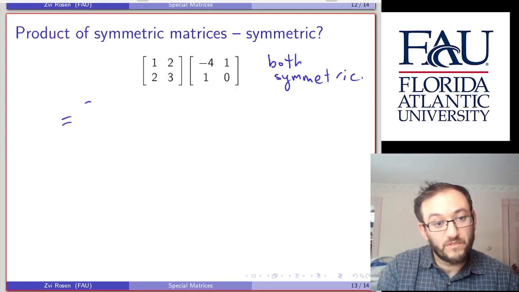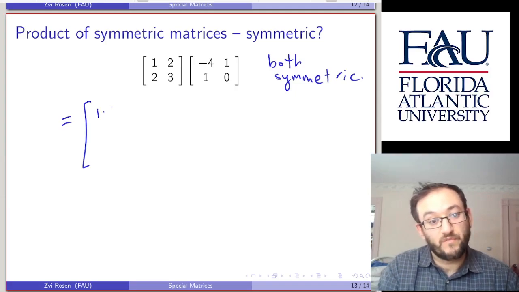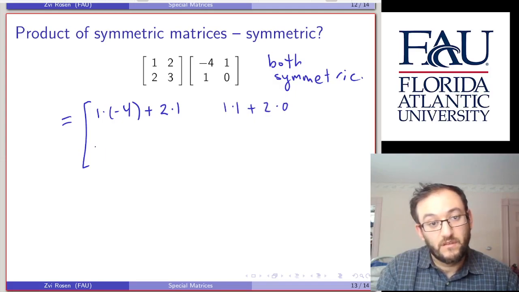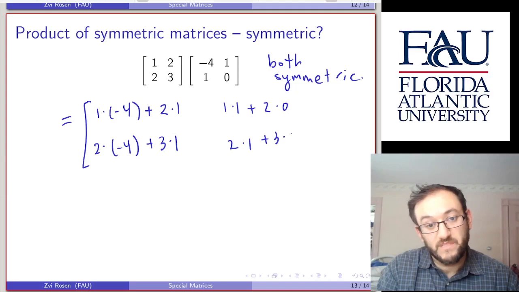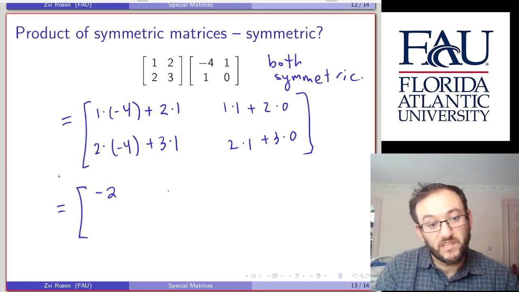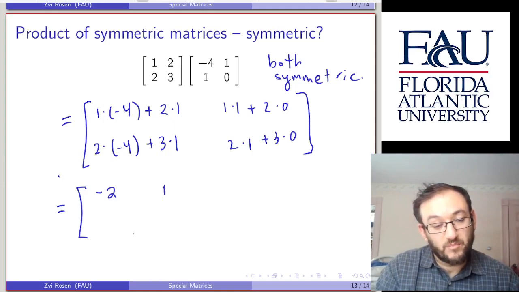So that's going to be equal to 1 times minus 4 plus 2 times 1. Then 1 times 1 plus 2 times 0, 2 times minus 4 plus 3 times 1, 2 times 1 plus 3 times 0, and we obtain minus 4 plus 2 is minus 2, 1 plus 0 is 1, minus 8 plus 3 is minus 5, and 2 plus 0 is 2.